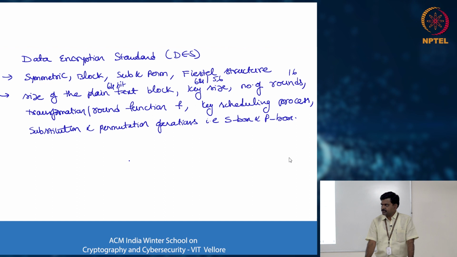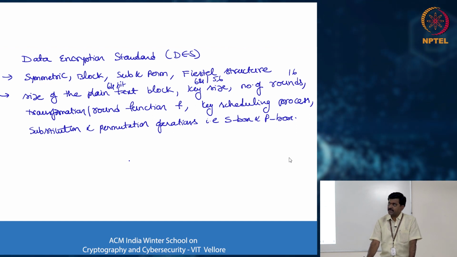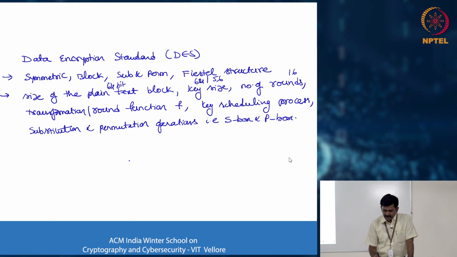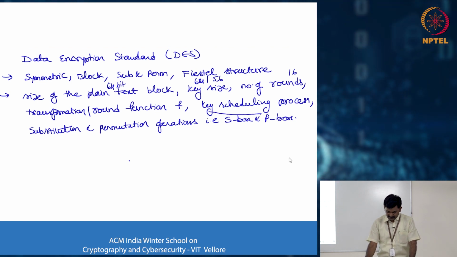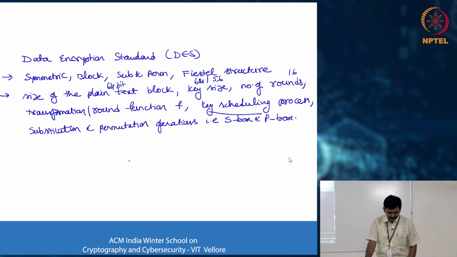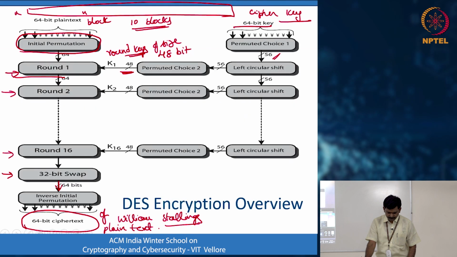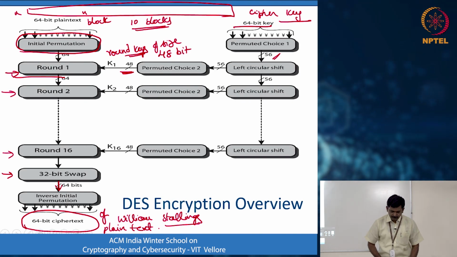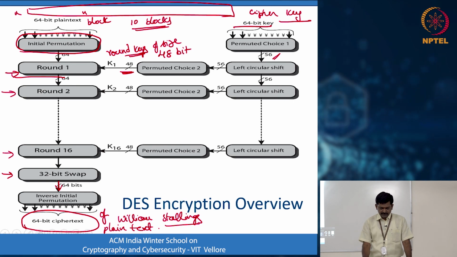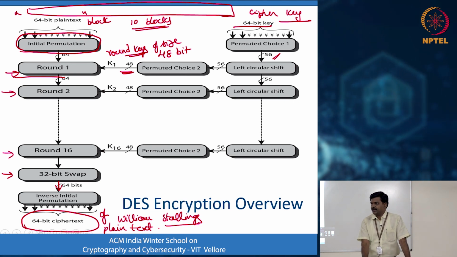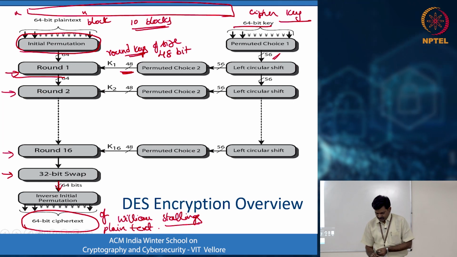We have the substitution operation, the permutation operation, and combining the key. Then we need to discuss the key scheduling process. So these are the things which we have to discuss. This is the DES overview, and this is where we stopped.